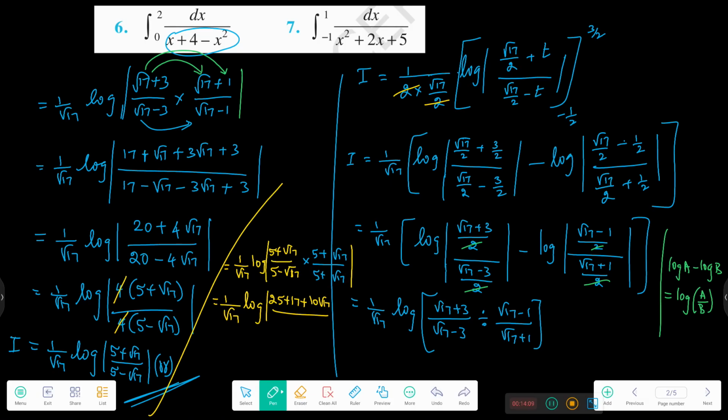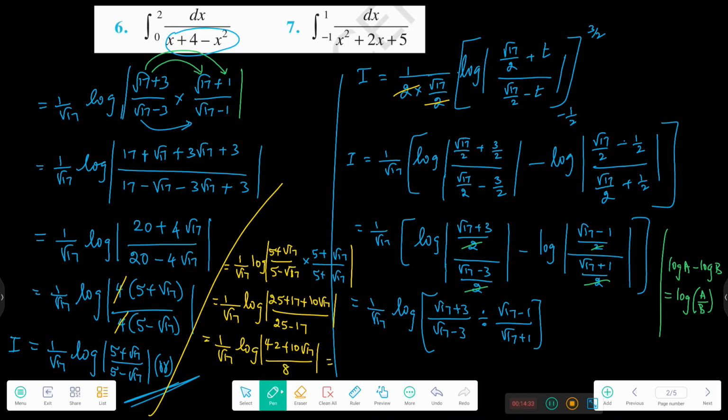Now 5 square means 25, root 17 square is 17. Now you simplify. 1 divided by root 17 log of 25 plus 17, that is 42, plus 10 root 17, divided by 25 minus 17, that is 8.